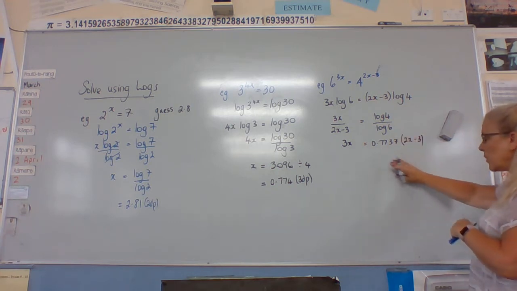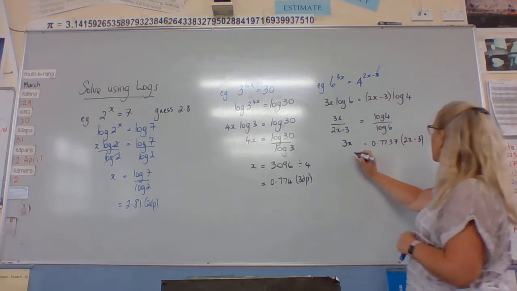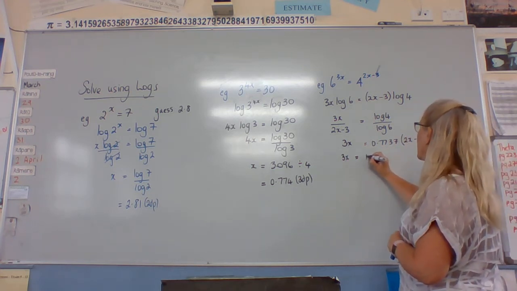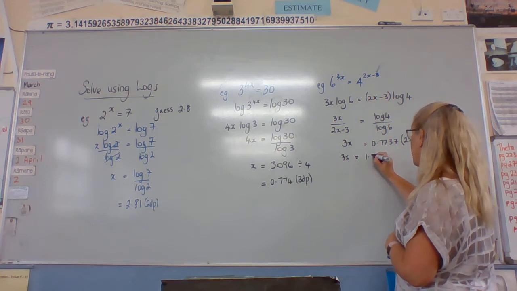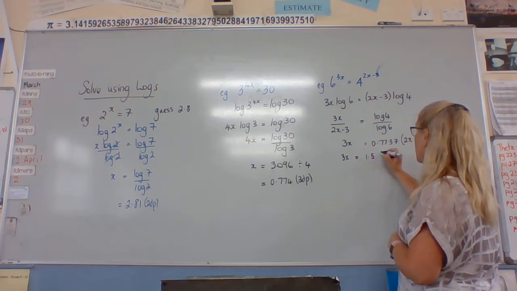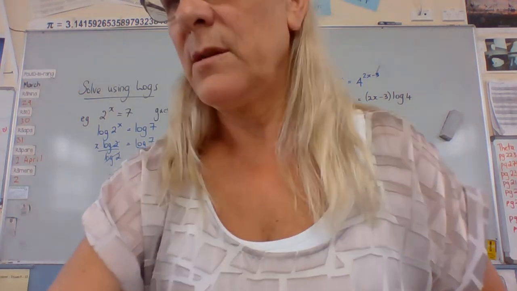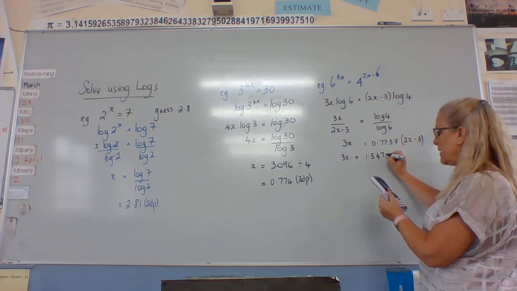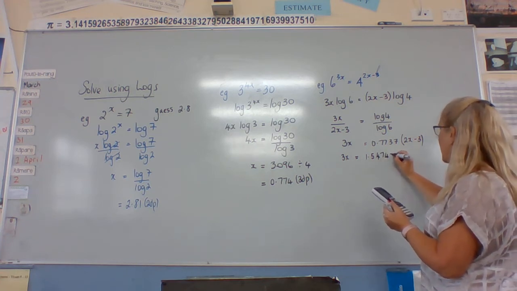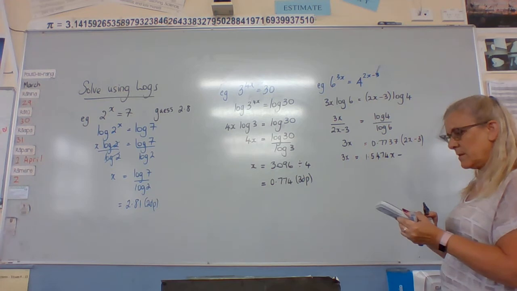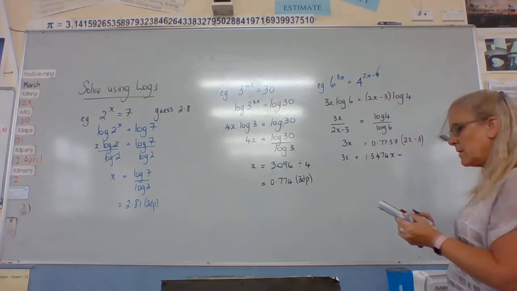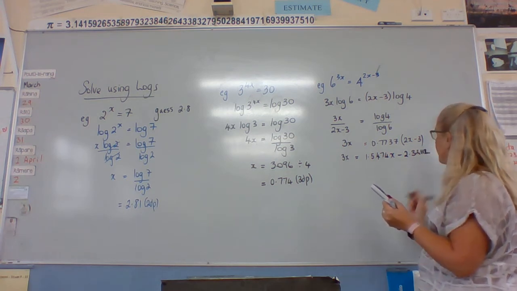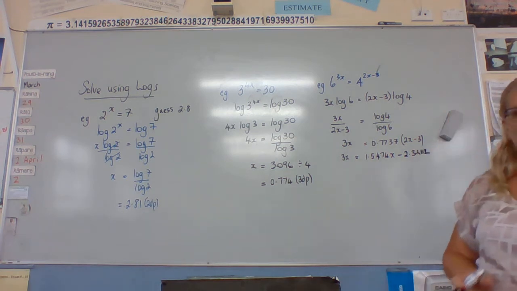What happens now is we multiply out the brackets. 3x equals 2 times that, 1.15, oh, I can't do that in my head, times 2 equals 4x minus 2.32111. All right.